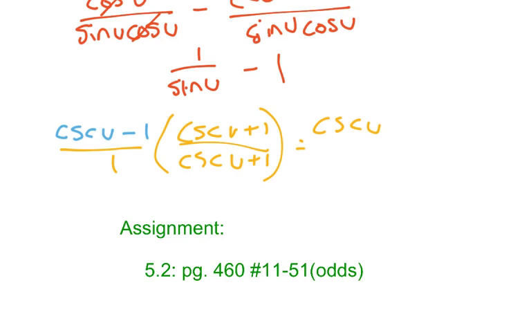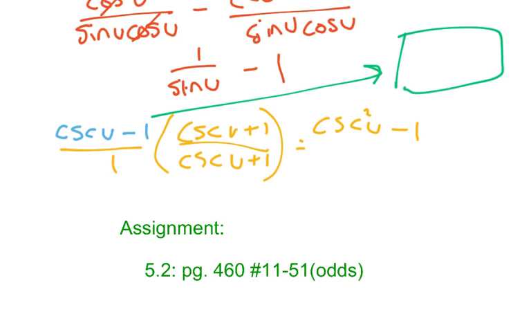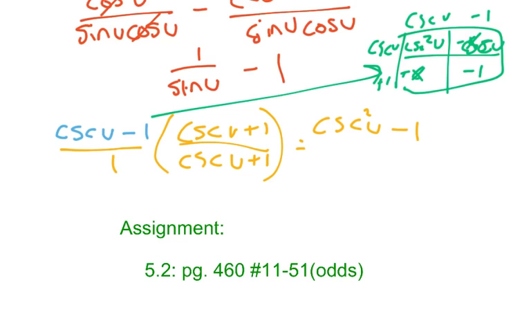And so I end up with cosecant squared u minus 1. If you want to do the box for that one, you have cosecant u negative 1, cosecant u plus 1, and you're multiplying them out, and you get cosecant squared u, and then negative cosecant, which I crossed out, and positive cosecant.